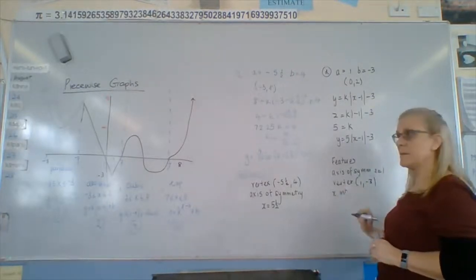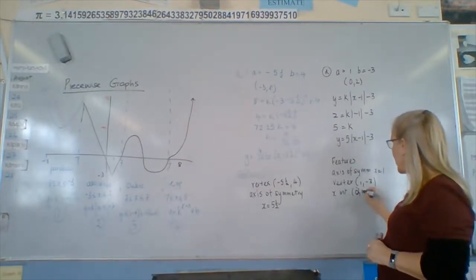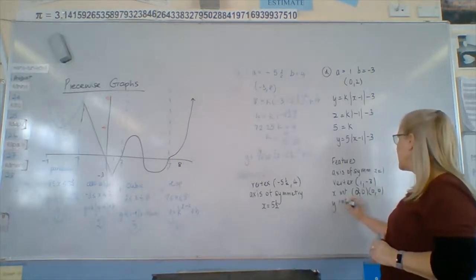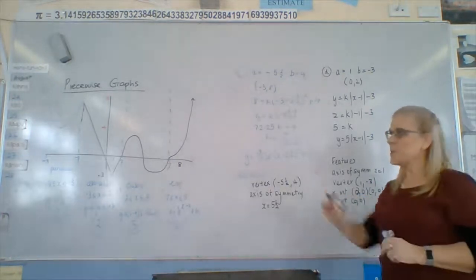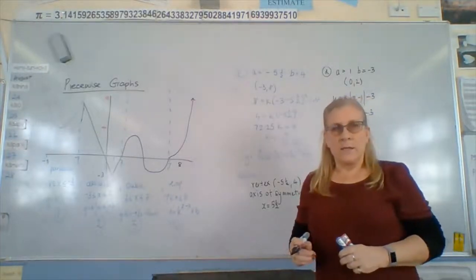X-intercepts 0, 2, 0, and 0, 0, which means the y-intercept is also at 0, 0, which is where my problem lies in my graph. That's okay.